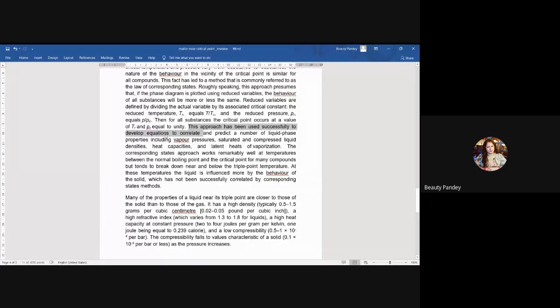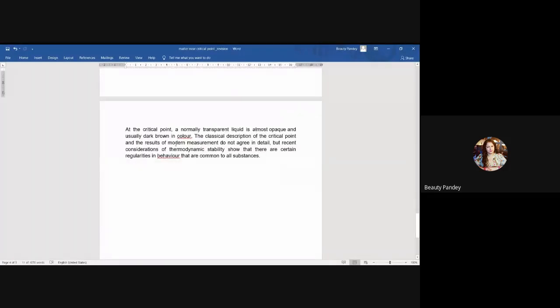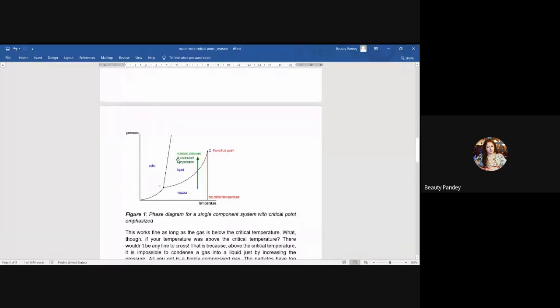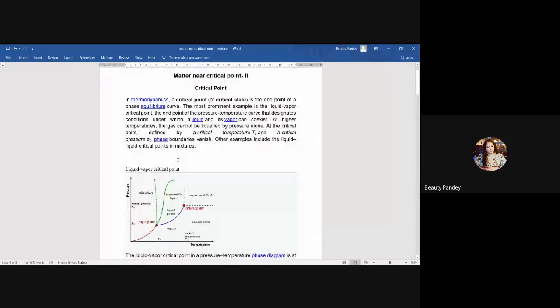So this is written: what are the differences that happen at the critical point and the triple point. The critical point, you understood, is that point where the liquid and vapor phases coexist in the pressure-temperature curve.